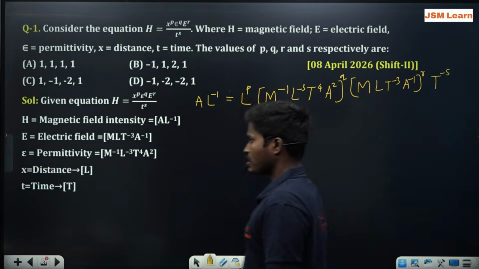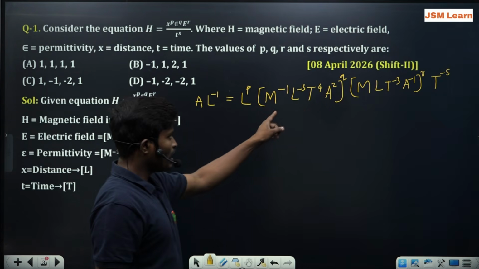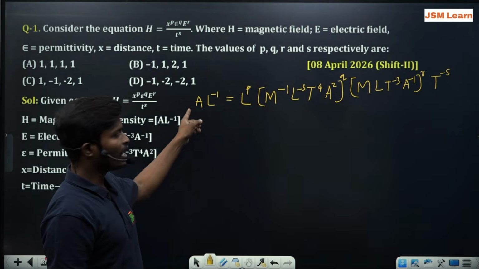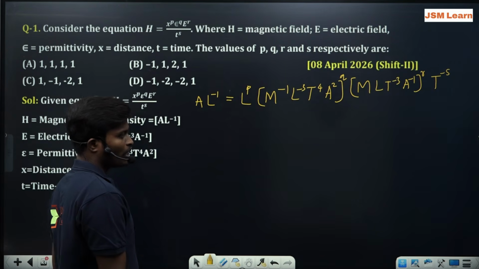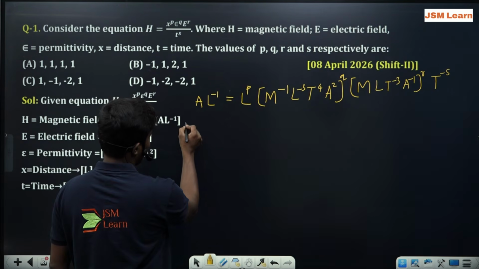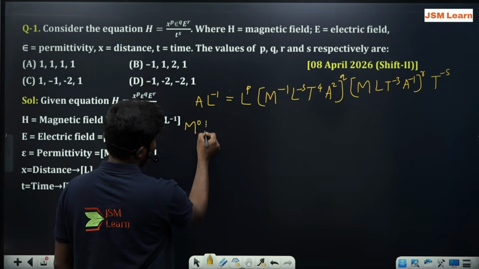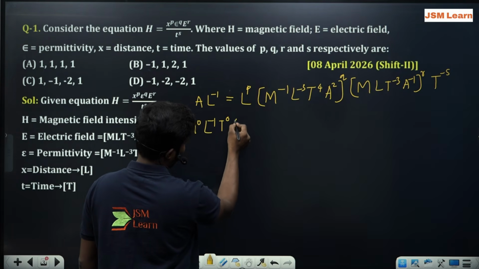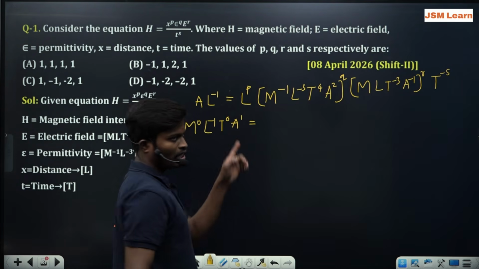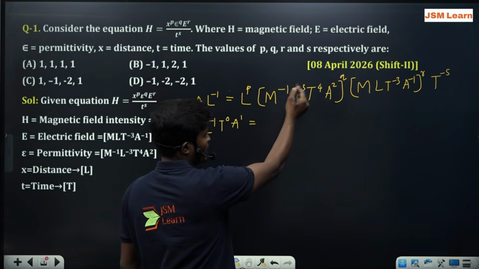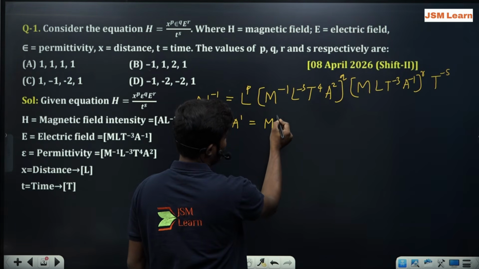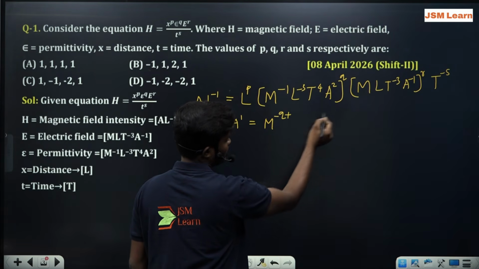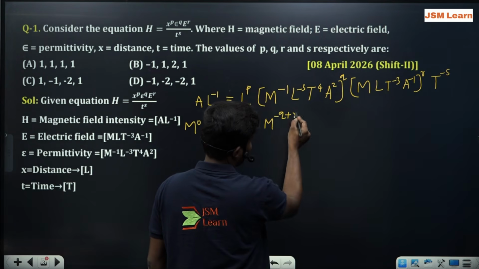After writing this, we need to check M, L, T, A on both sides. Here we have only A and L^-1, we don't have M and T, so I am writing it like this: M^0 L^-1 T^0 A^1 is equal to, on the RHS, M to the power minus q plus r.